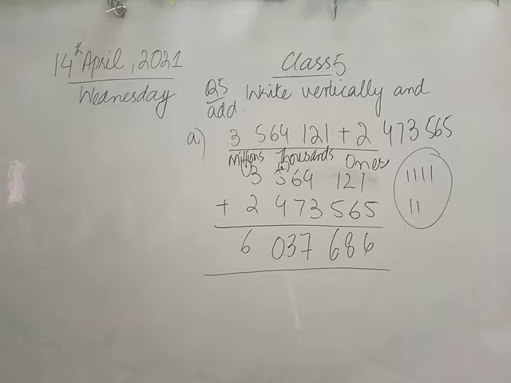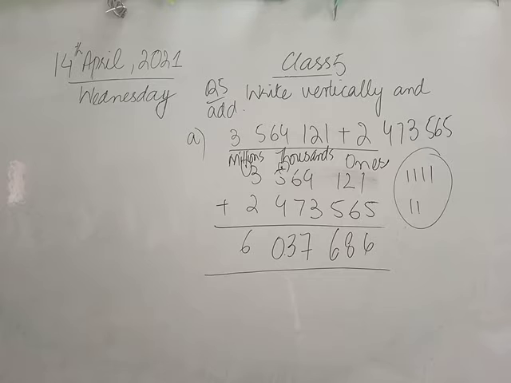Now I am going to read this number according to place value, which is 6 is at million place, in total, 037 is at thousand place, and 686 is at ones place. So I am going to read this value as 6 million because 6 is at million place.